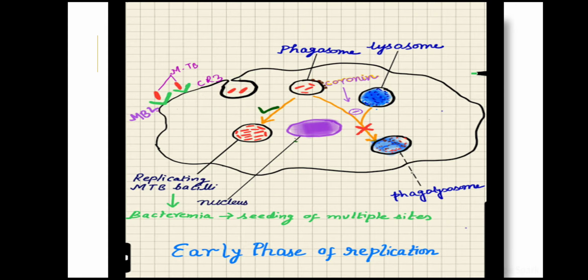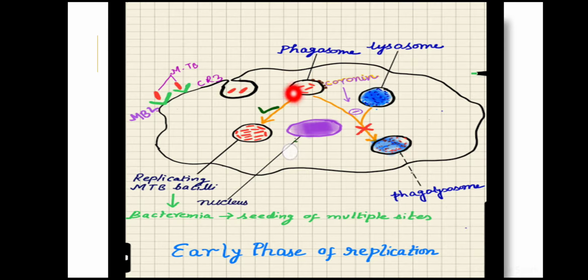Now in this diagram I have tried to illustrate what happens in the early response. So this is the Mycobacterium tuberculosis. It binds to these receptors, mannose binding lectin and complement receptor 3, on the surface of the macrophage. Then it forms a phagosome. Now the phagosome recruits a protein, that is coronin, and normally this phagosome should combine with the lysosome to form the phagolysosome and cause the killing of the bacteria inside.